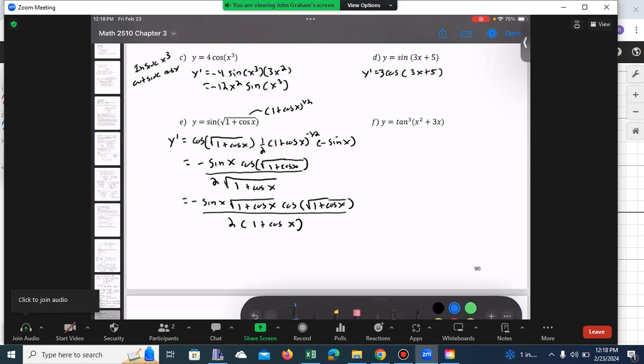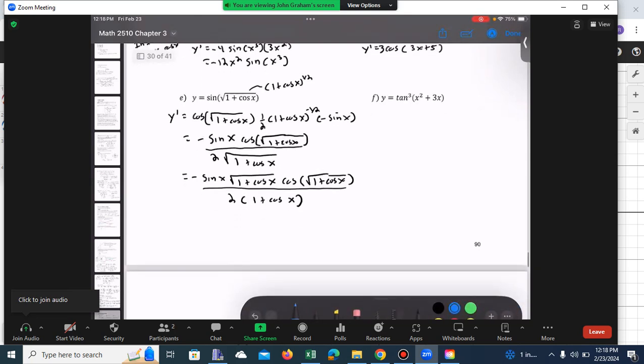Switch color so it doesn't merge. Tangent cubed of x squared plus 3x. That basically, x cubed is your outside function there. So we'll have 3 tangent squared of x squared plus 3x. And the inside of this is going to be 2x plus 3. Oh, wait, I skipped a step.